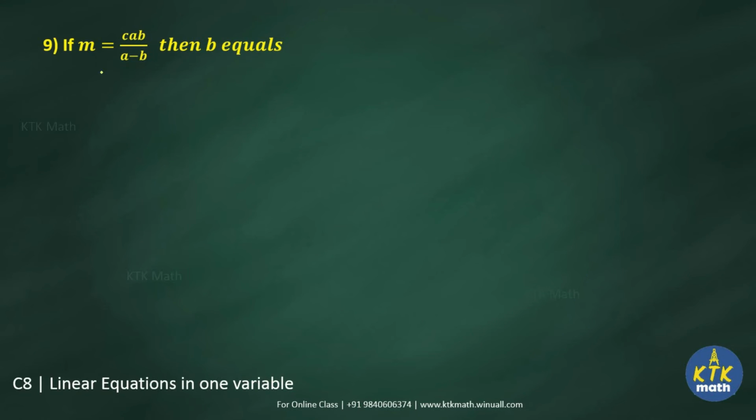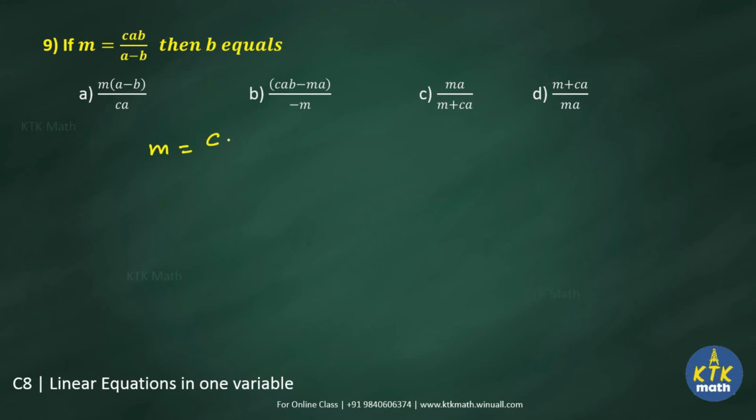Question number 9: if m equals CAB by a minus b, then b equals. In this case they are not asking us to solve anything, they are asking us to express this in terms of b. So just observe, m equals CAB by a minus b. I need the answer to be like b is equal to something.